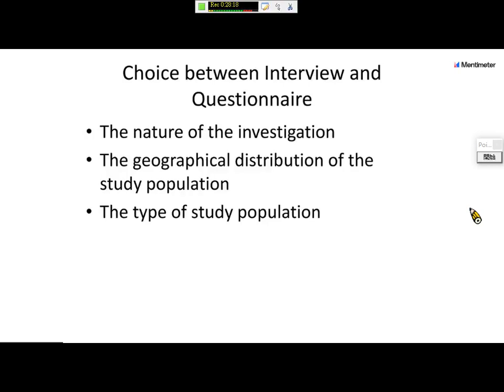Maybe you can use Line or WeChat interview online, maybe. So there are a lot of considerations. They live differently, right? So everything is a matter of choice. Now basically, you have to look at your own research purpose. That is the most important issue.